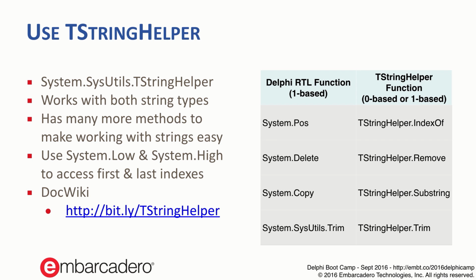So by using TStringHelper.IndexOf, it will give you back the index correctly, understanding whether it's a zero-based or one-based string. So if you just use TStringHelper, you don't have to worry about which it is. You can use System.Low and System.High to get the first and last indexes of the string as well.